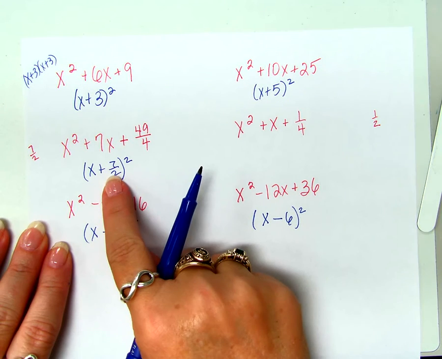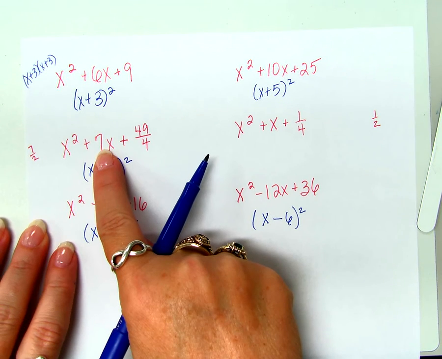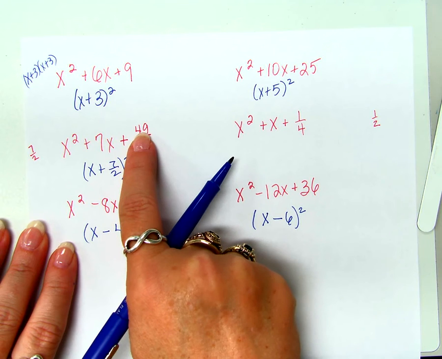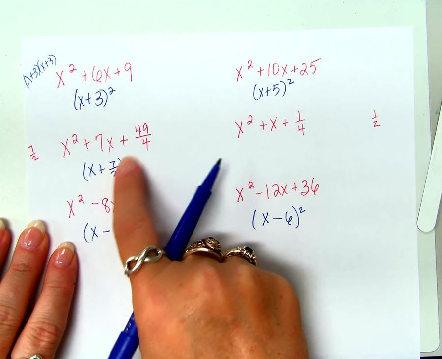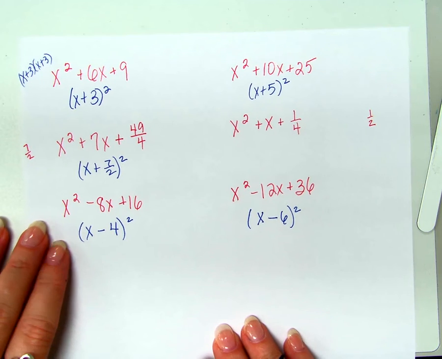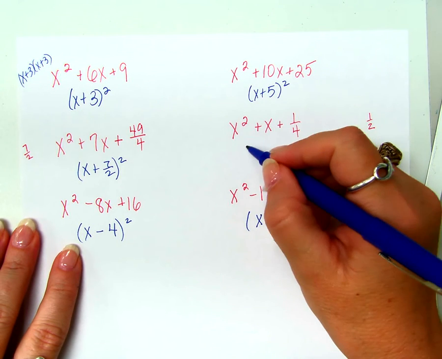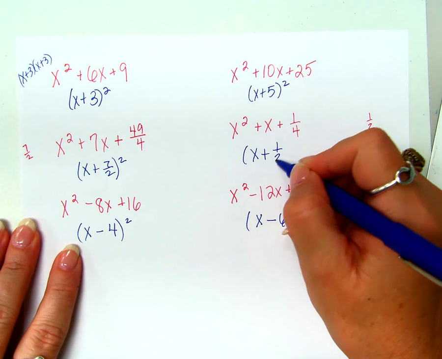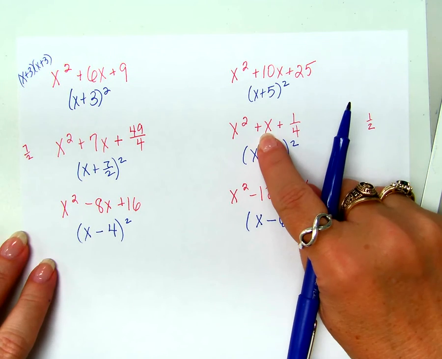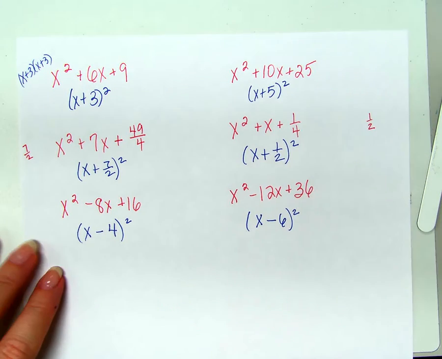Everybody okay with that? I either divide this in half and then get 7/2, or I square root this. What's the square root of 49? 7, what's the square root of 4? 2, same thing. X plus 1/2 squared. That's exactly right. It's either half of this one or it's a square root of this one.